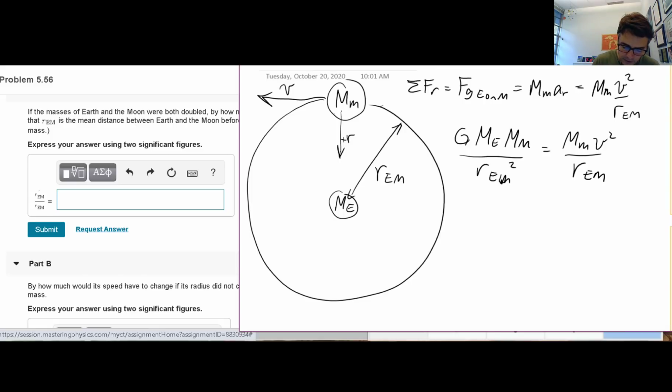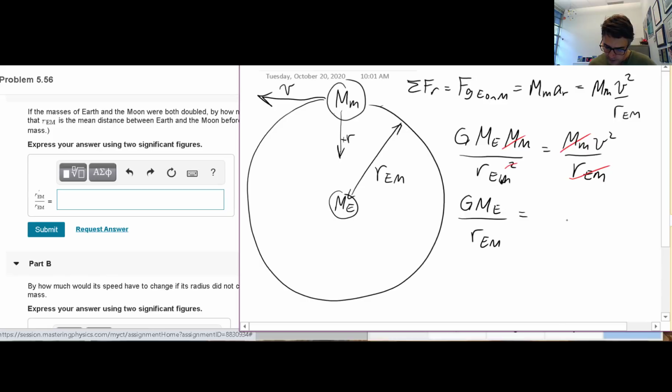So right now what we can do is divide both sides by the mass of the Moon. You can multiply both sides by the radius, and that gets rid of the squared. Let's redraw this. So you've got G times the mass of the Earth divided by REM is equal to v squared.